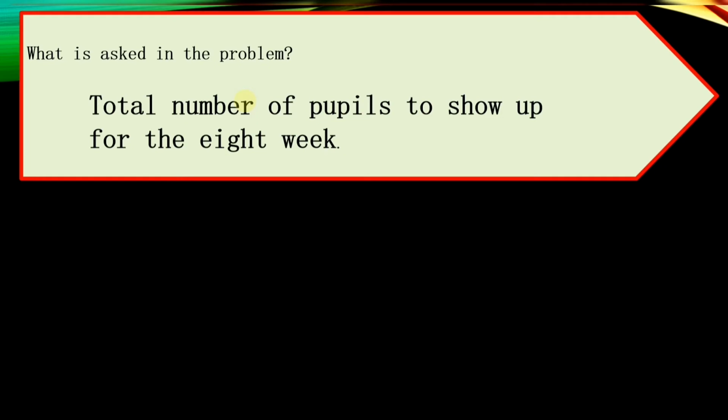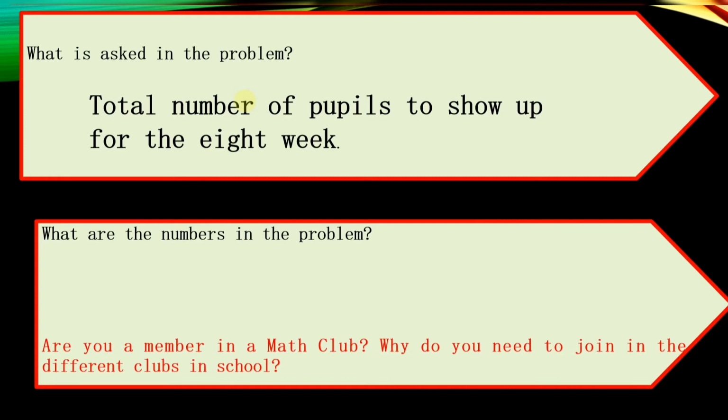Let us identify what is asked in the problem. So the ask is the total number of pupils to show up for the 8th week. And what are the numbers in the problem? They are 3, 5, 8, 12, etc. That is the pattern. So, are you a member of a math club? Why do you need to join the different clubs in school? So, that is a bonus question for you to ponder.